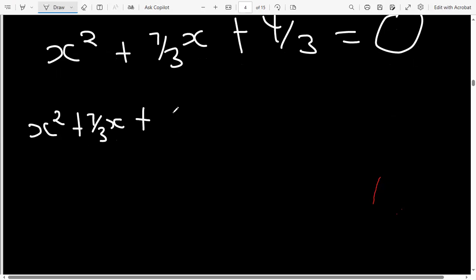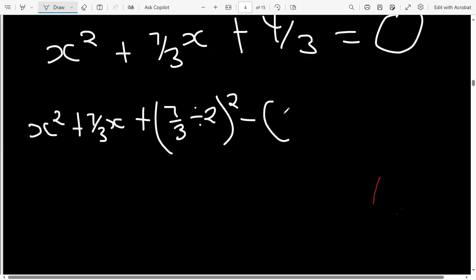So we are going to say 7 over 3 divided by 2, and then we square it. So this is the first part of the 0, and then the other 0 is just the same thing, but with a minus sign in front. So we're going to say minus 7 over 3 divided by 2 squared.